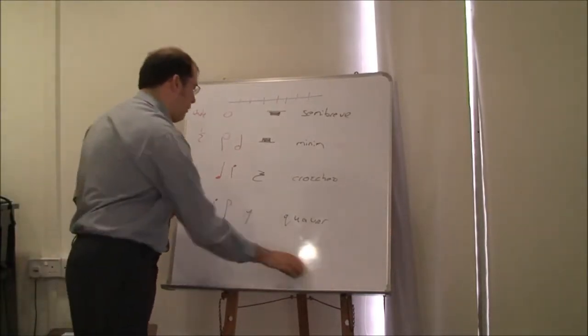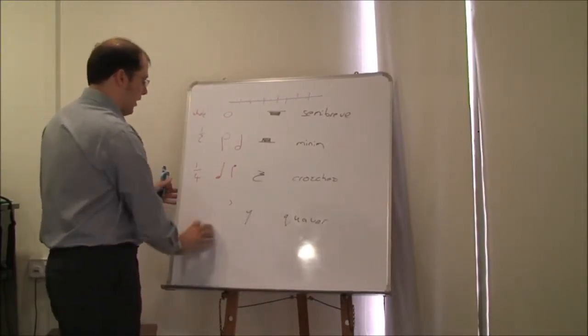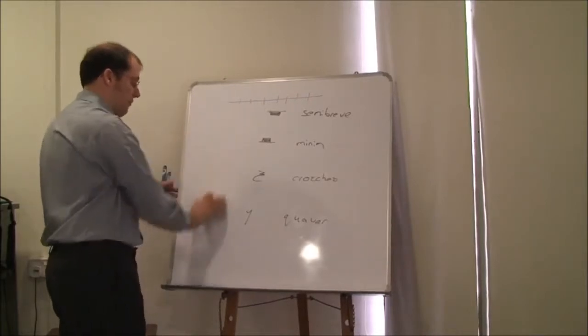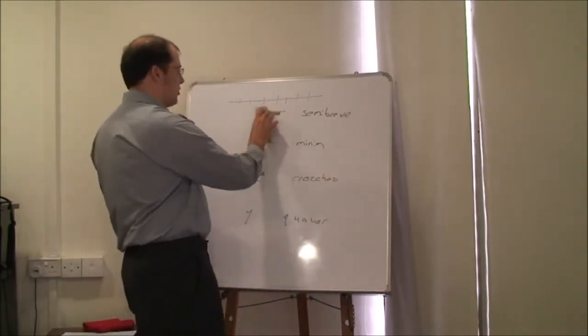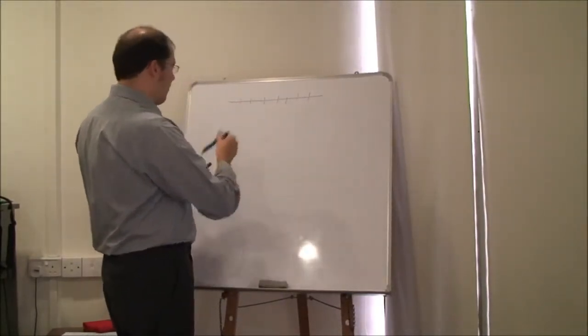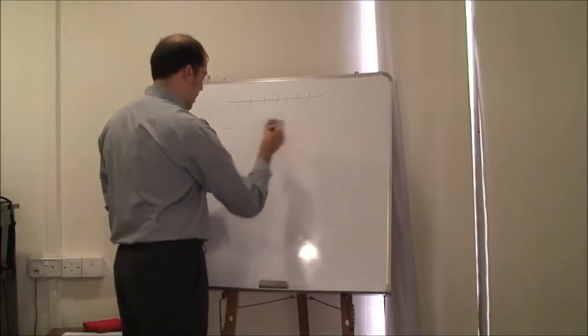Now, with rests, because we're not showing the pitch of the note, they're always written in the same place on the music staff. So, let's introduce the music staff. Now, the music staff is exactly the same idea as the line we have over there.